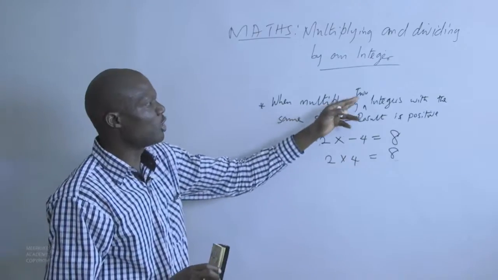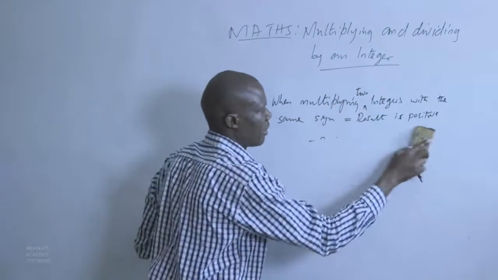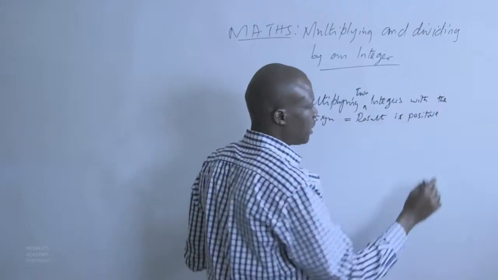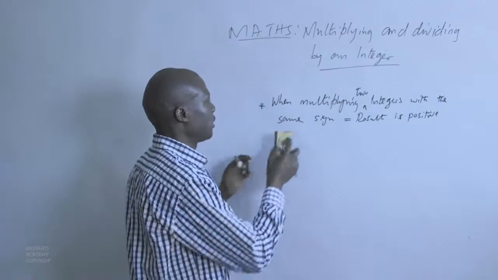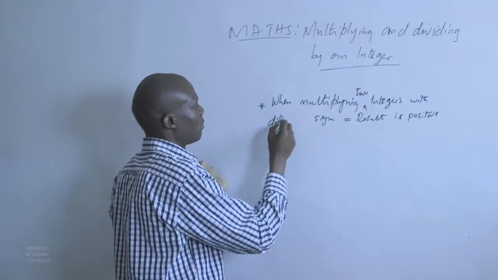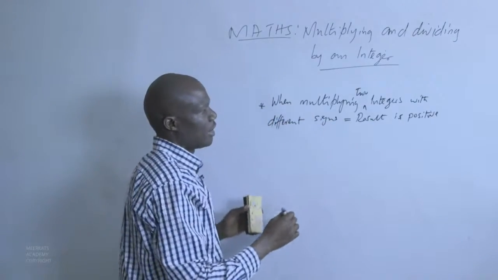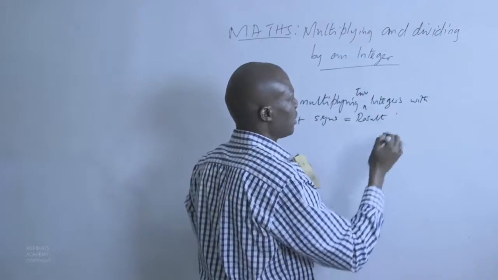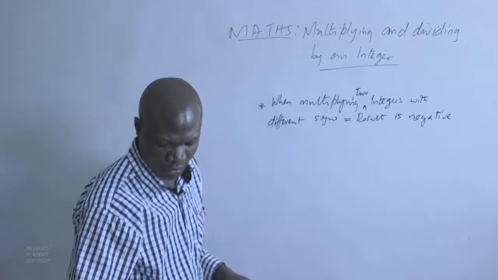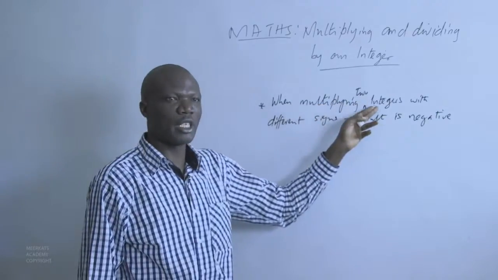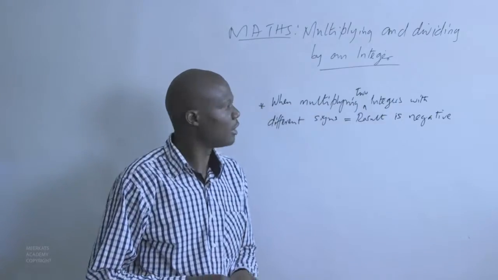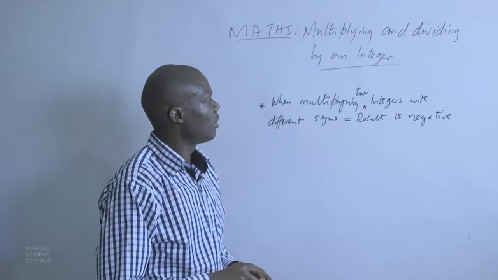But when multiplying two integers with different signs, the result is negative.